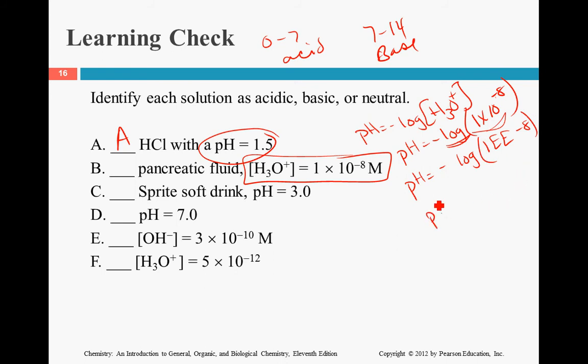That comes out to be negative 8, which cancels out to be a positive 8. So when we're looking at the scale, between 7 and 14 is a base.